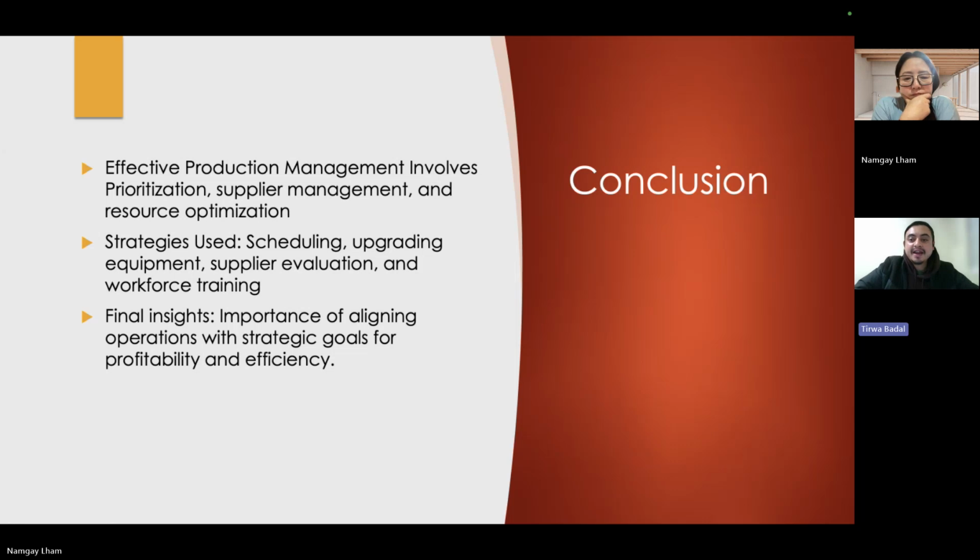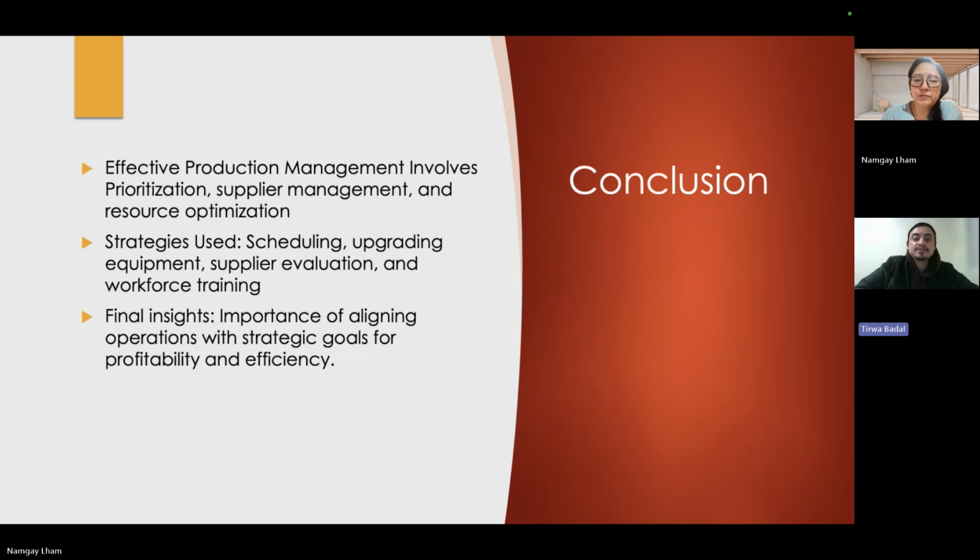In conclusion, with effective production management in combination with strategic planning, supplier evaluations, and workforce optimization, each module was explored, showcasing specific aspects of these processes, from managing bottlenecks to making supplier decisions, forecasting opportunities, and aligning workforce capacities with demands.